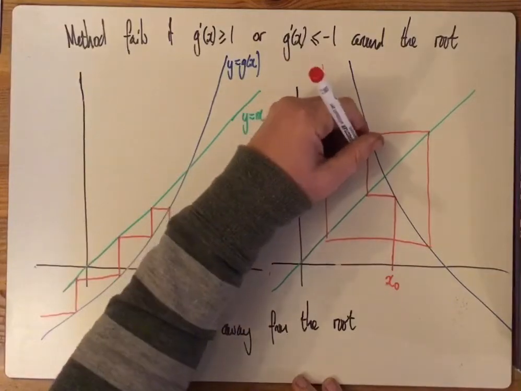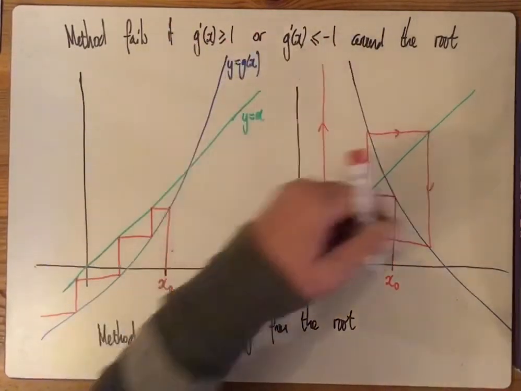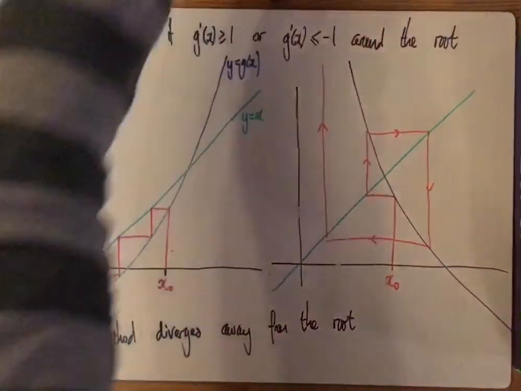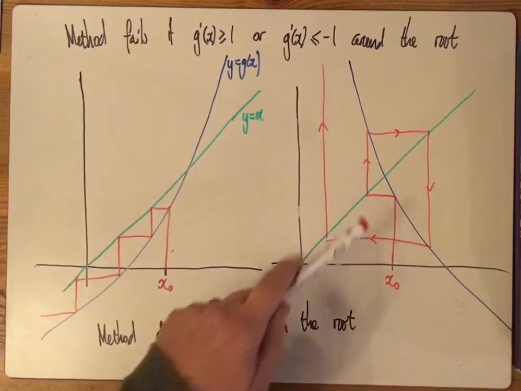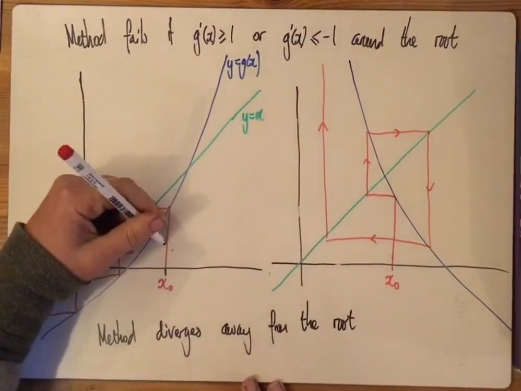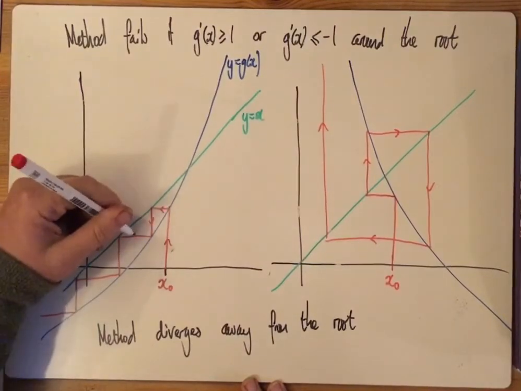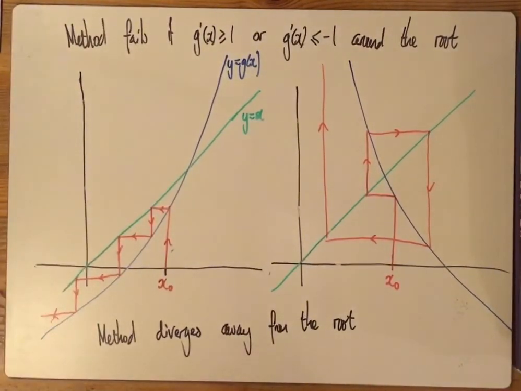You can put some arrows on if you want to, they're quite hard to draw because they tend to just spiral off the page quite quickly. So that's not converging in on that root, it's diverging away from it. And same thing here. So we're stepping away from the root.